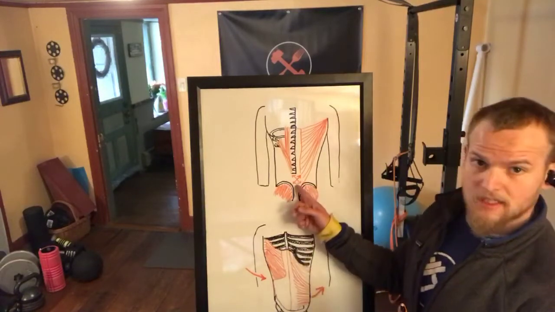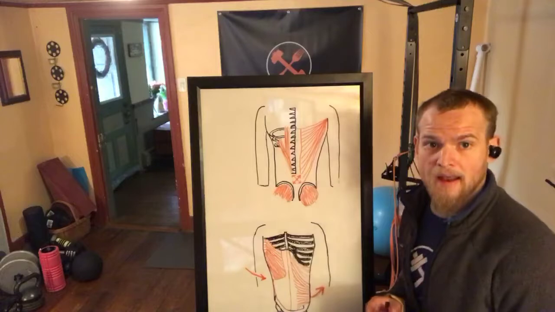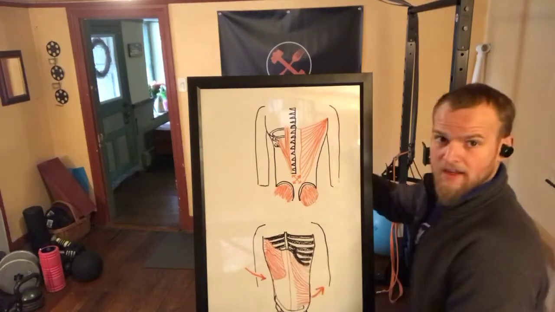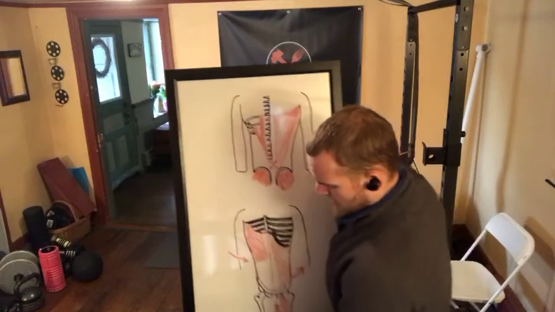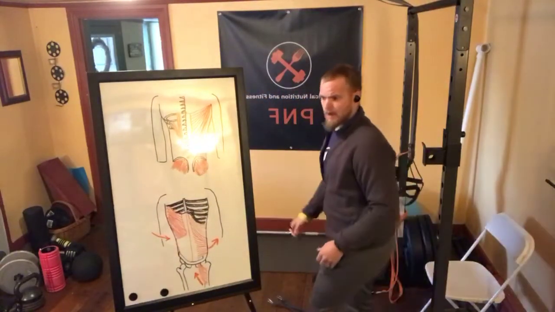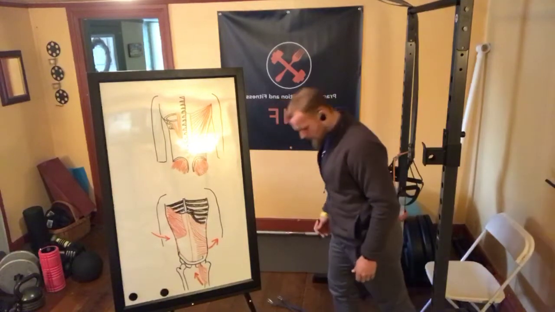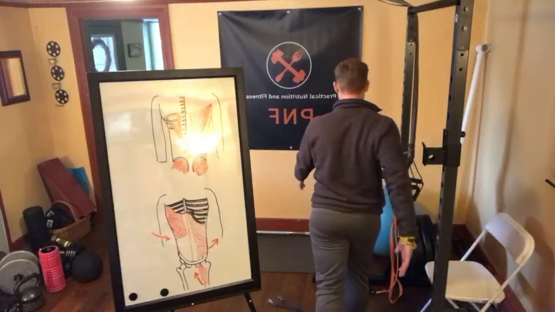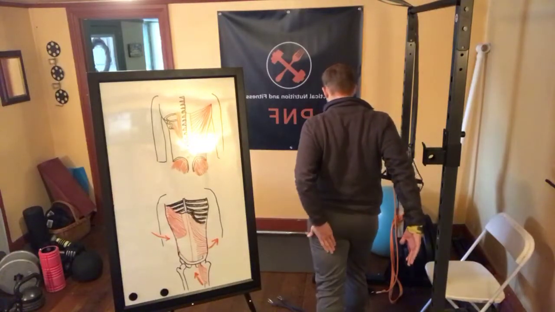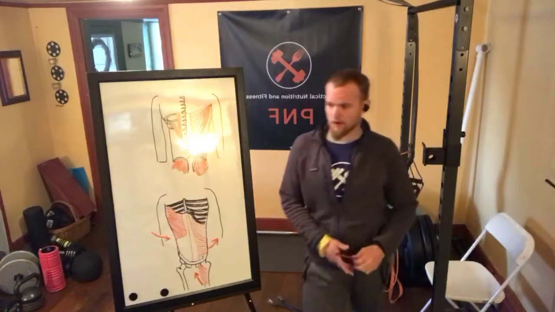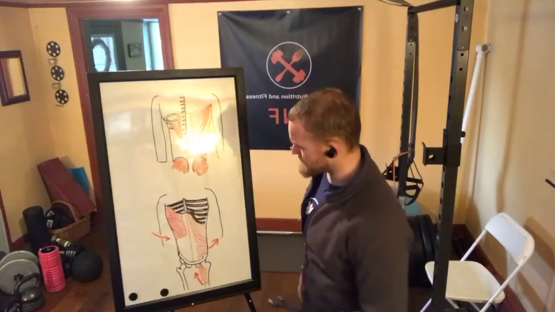So I put this X here in the middle, and they pull towards each other. So like when we're taking a step forward and we have the arm go back and we have the leg go back at the same time, I'm in this position, I'm going to have that contraction happen from here across to here, and then on the front side we'll have a contraction going across the front.